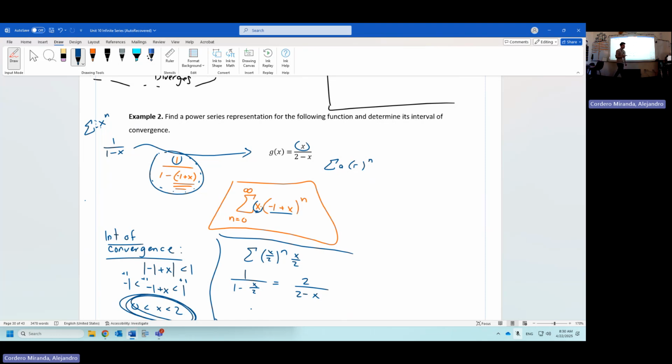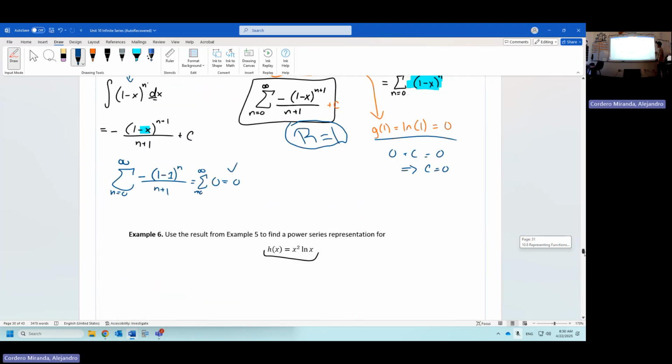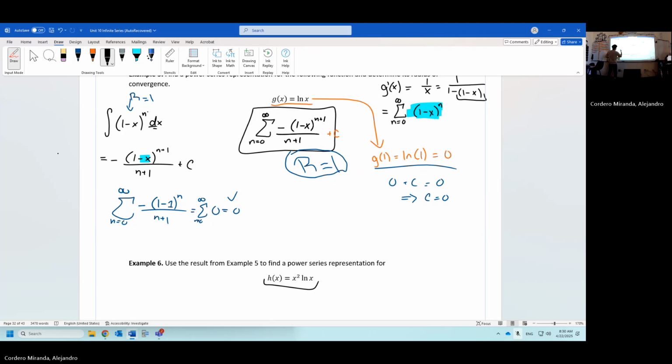We've been doing this for a couple days now, where we take the series that we know for natural log. Here's the series we know for natural log, like up here. I'm just going to multiply that by x squared so that I get negative x squared of 1 minus x to the n plus 1 over n plus 1. Take that series, multiply by x squared, and I would get this function.